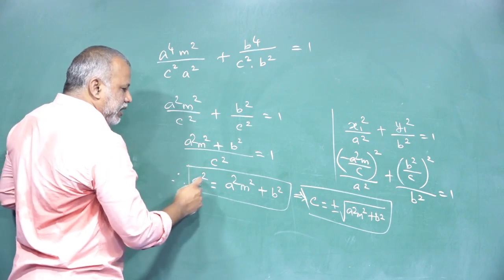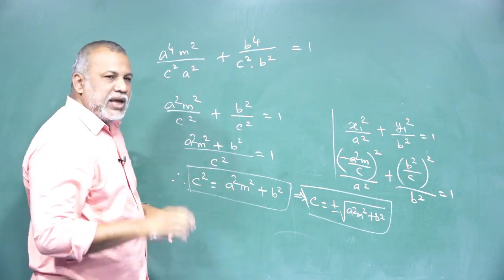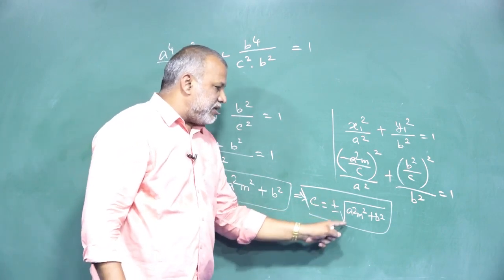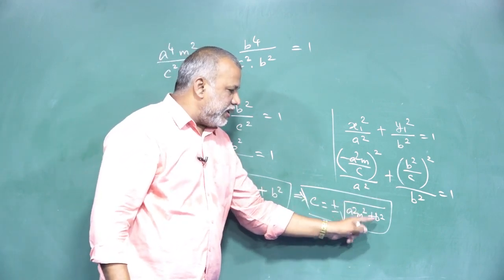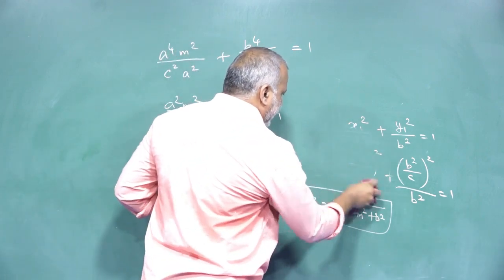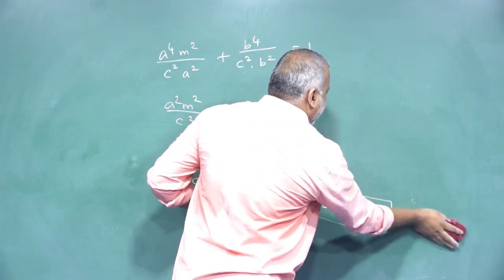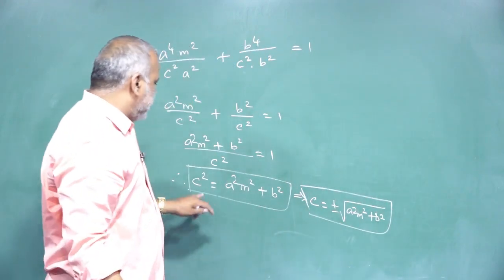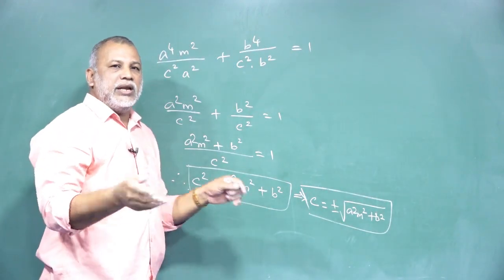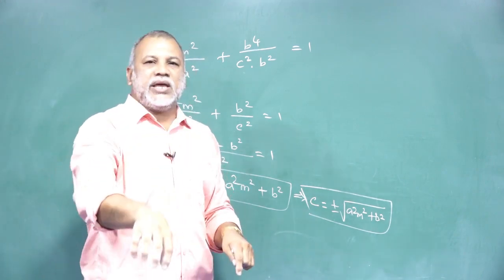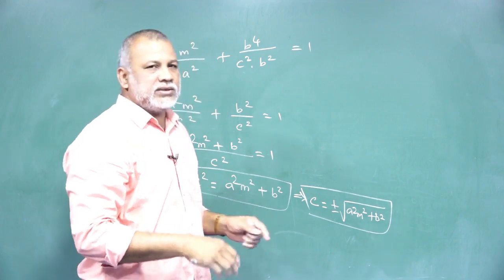We get c squared equal to a squared m squared plus b squared, the required condition. From this we can say c equal to plus or minus square root of a squared m squared plus b squared. From this we conclude this is the required condition for the line y equal to mx plus c to be a tangent to an ellipse. In the same way, dear students, you have to try one more result from this.